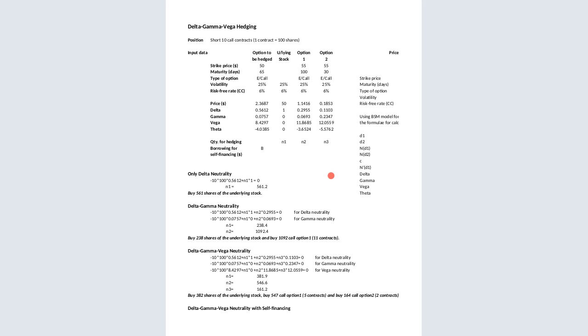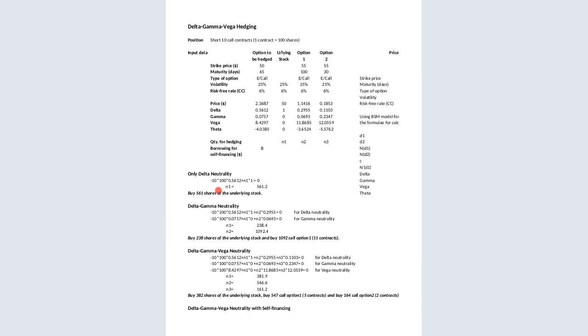If I only wanted delta neutrality, what would happen? What is my delta of the call? 0.567, and I've shorted, so it will be minus. So 10 contracts. Look at this expression: 10 contracts times 100, each contract is 100, times the delta, plus the number of shares I want to buy.